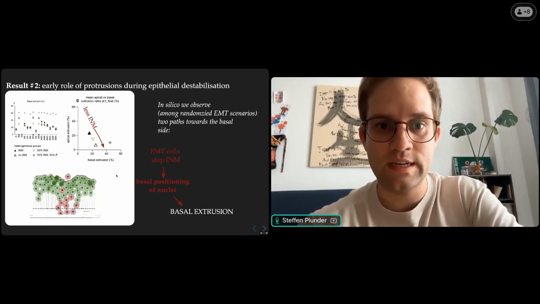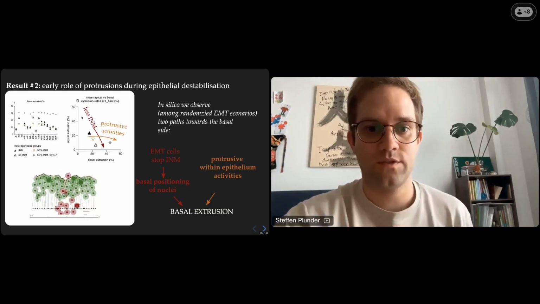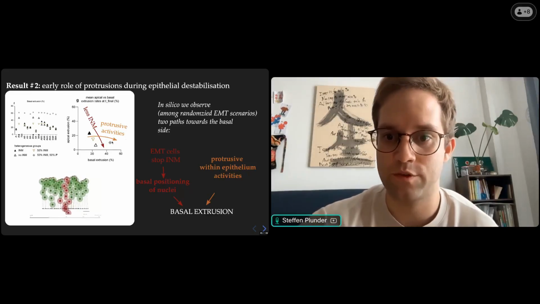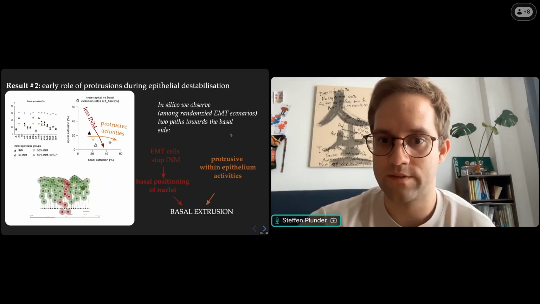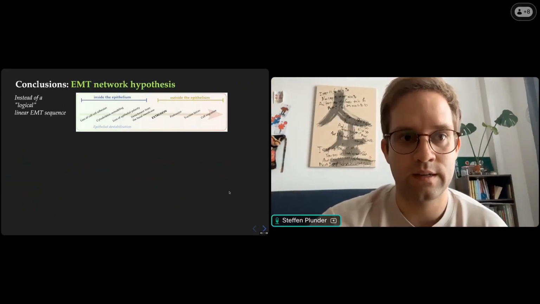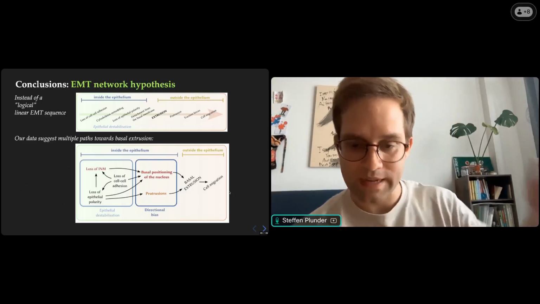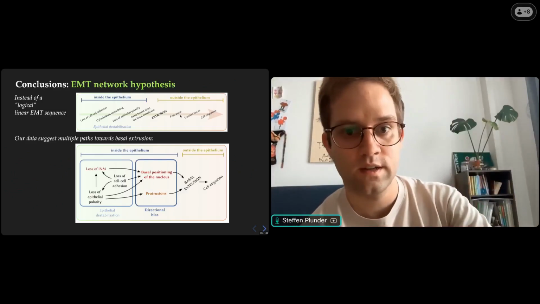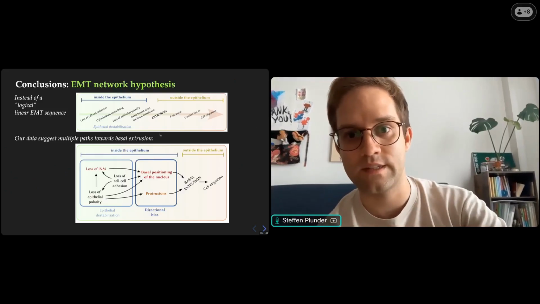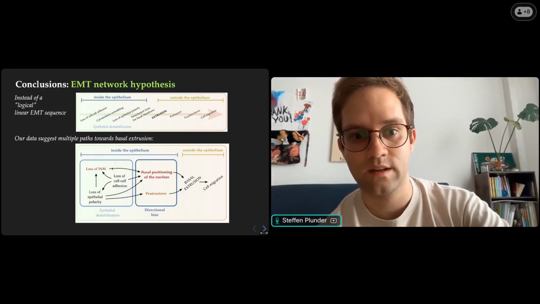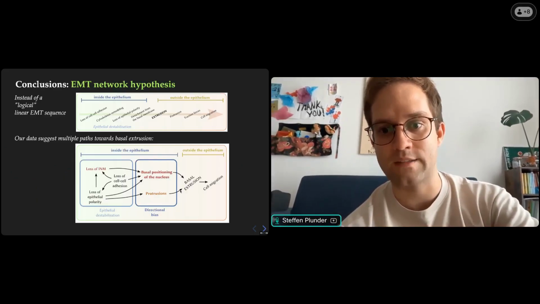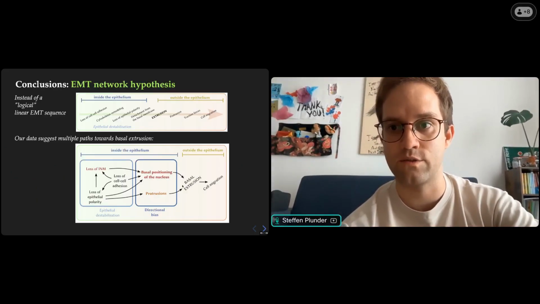And what we found here, there are two predictors for basal extrusion. It's less internuclear migration and more protrusive activities. So we have these two paths towards basal extrusion. And then this led basically to the final figure where we then said, maybe instead of this linear textbook sequence of EMT, there could be this interplay, that there are many multiple paths which all together lead to basal extrusion.